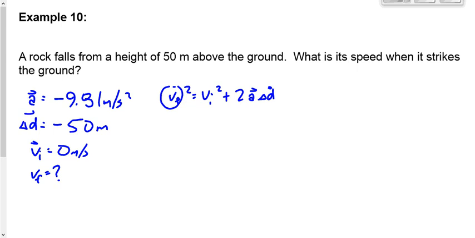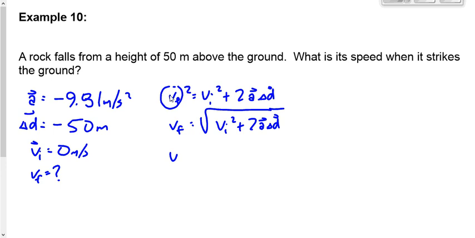Get rid of what's not attached. Well, there's nothing not attached to the VF, right? Get rid of what is attached. What's attached? Squared. How do you get rid of it, Kim? Square root it. So we're going to say VF is equal to the square root of VI squared plus 2A times delta D.